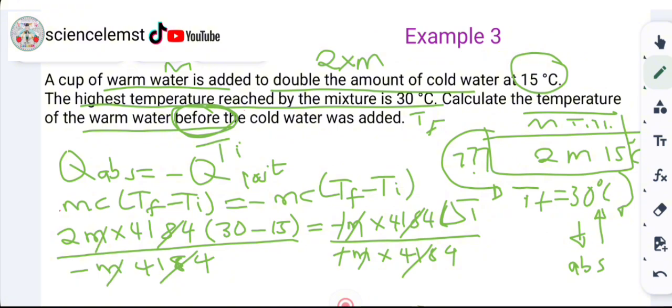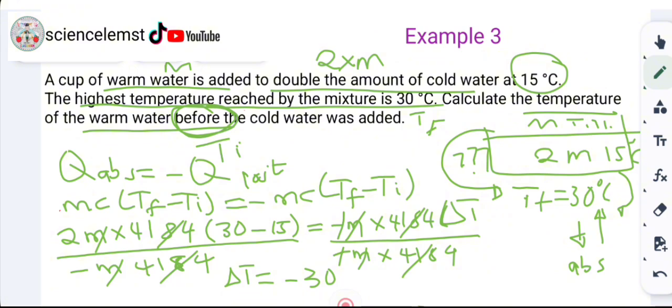So I'm going to be left with what? Delta T is equal to negative what? 30 degrees. We agree? Okay. Now I know that delta T is the final temperature minus the initial temperature.